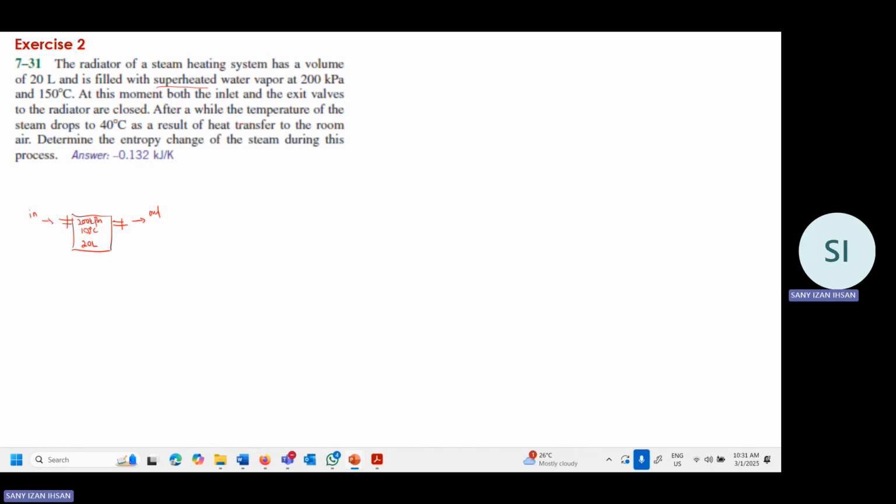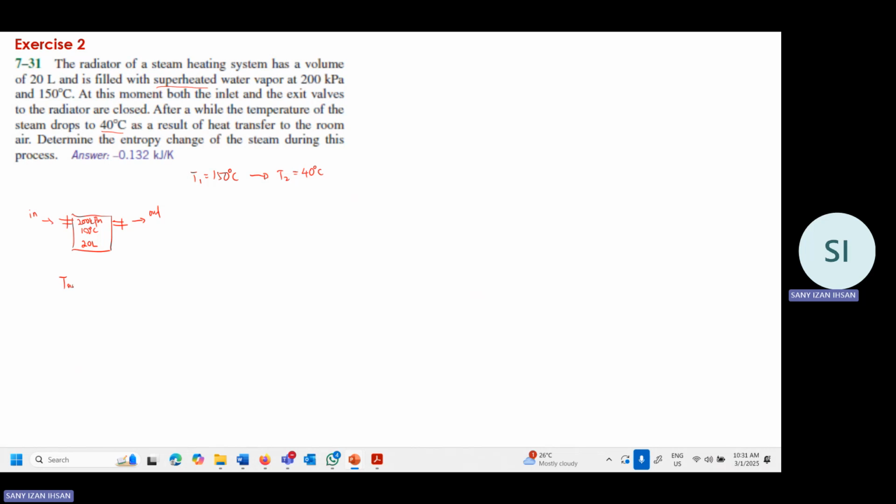After a while, the temperature of the system dropped to 40 degrees Celsius. So T1 is 150 degrees Celsius. Then after a while, the final temperature T2 is 40 degrees Celsius, which is the room temperature.